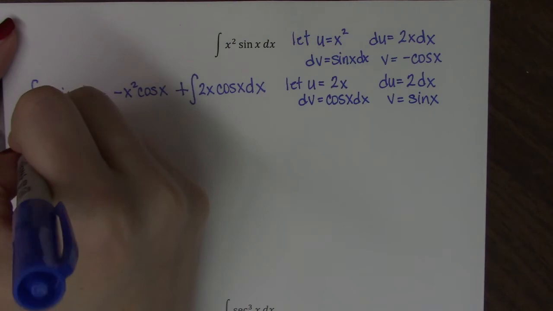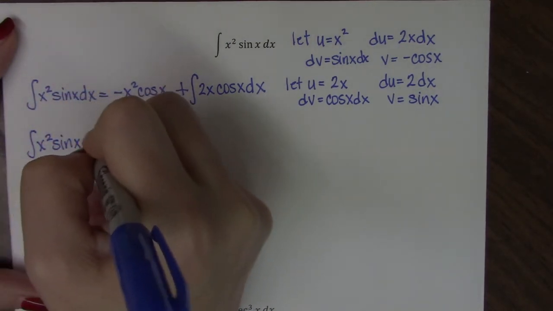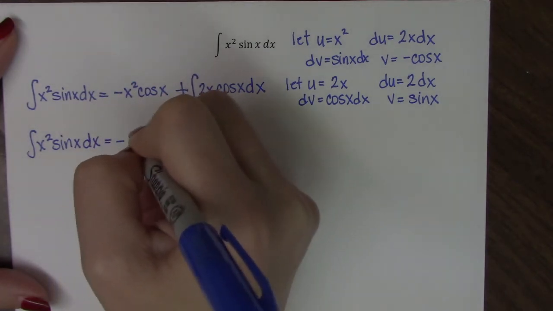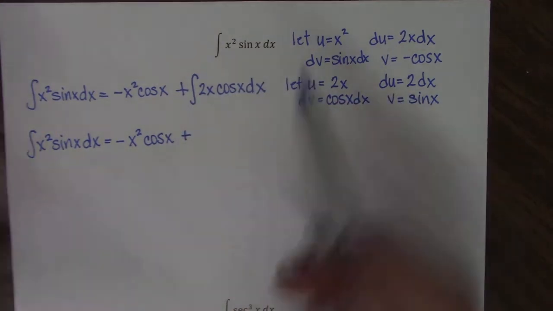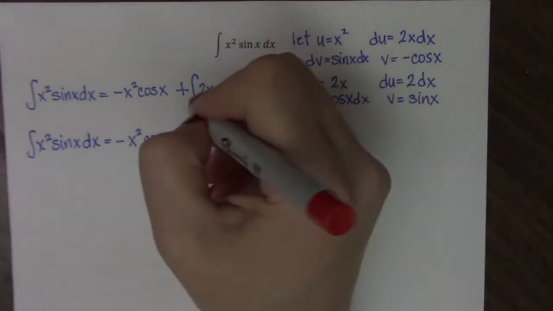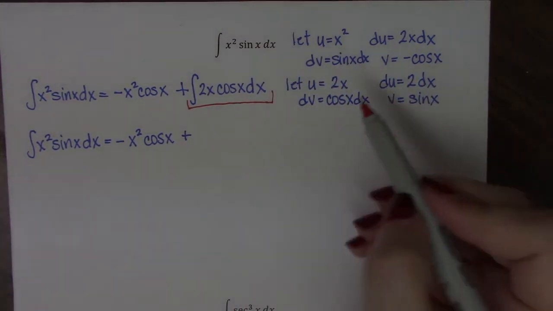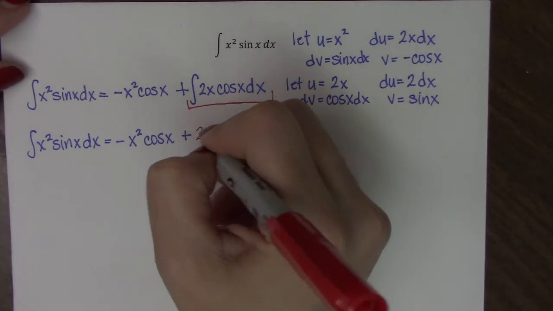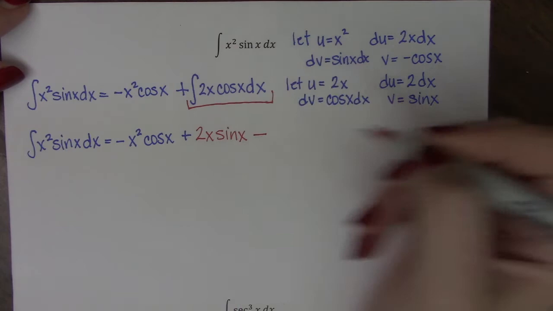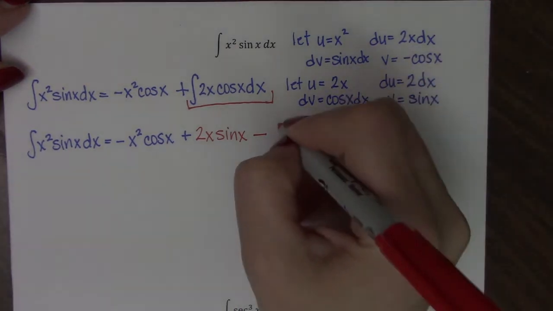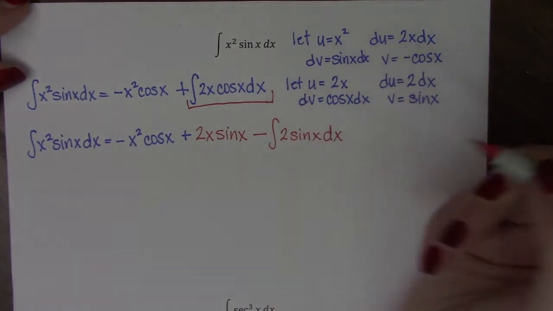So now, when we apply integration by parts again, I still have my negative x squared cosine x, but where this integral is, I'm going to apply my theorem again. So it's u times v minus my new integral, which is right here, 2 sine x dx.